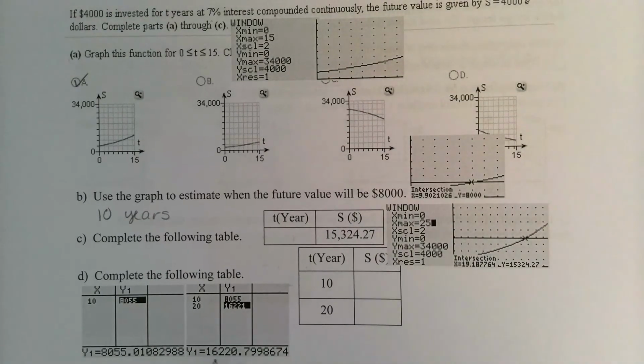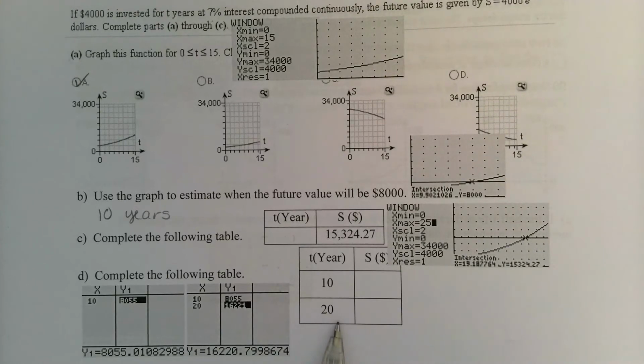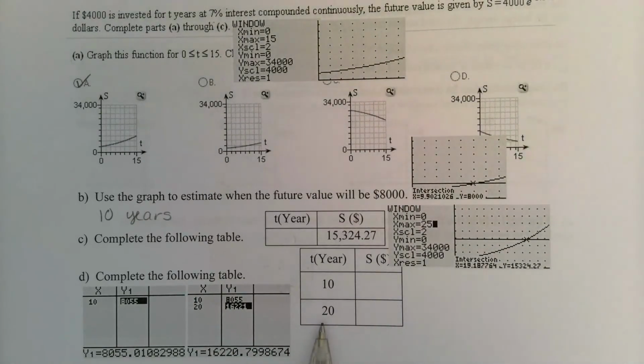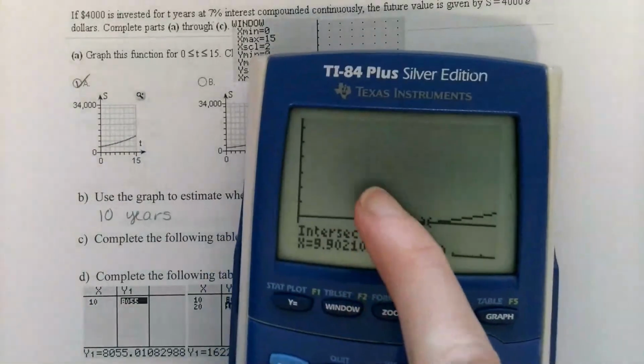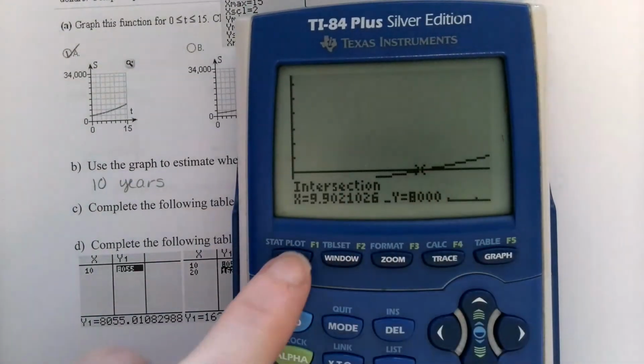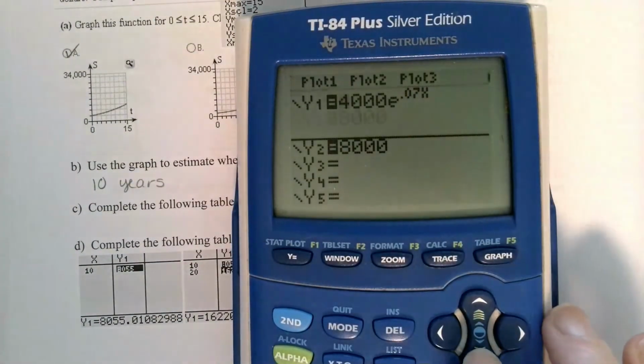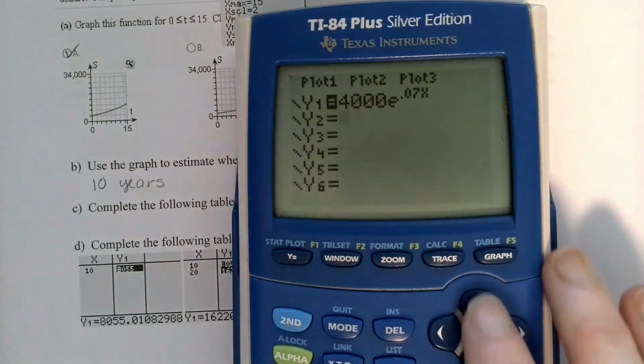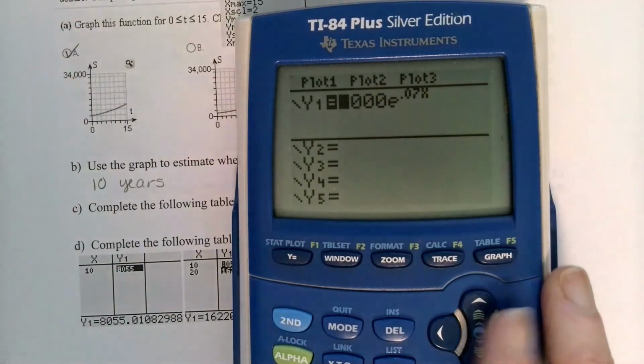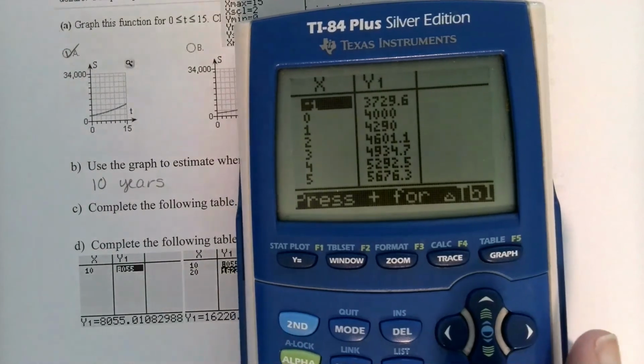Now, it says complete the table, and we know the times. That just means all you have to do is calculate the value. So I'm going to go back in my calculator, and I've got my function in my y equals screen. I don't need the 8,000 anymore. Then I'm going to go to my table.